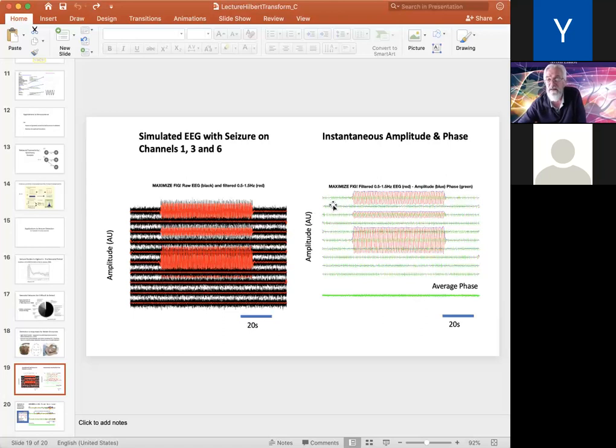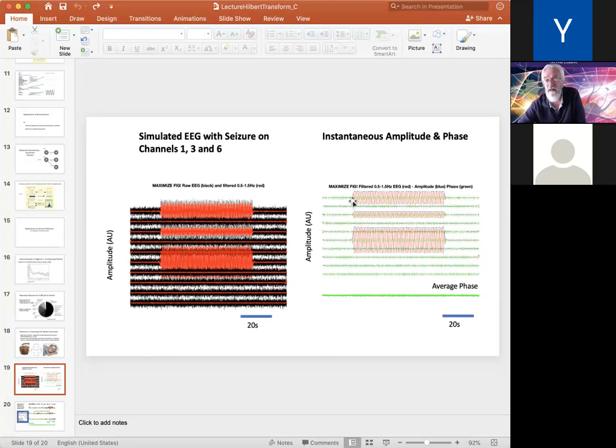You can see that I repeat the red signals here, and superimposed on the red signal, I plot in green the instantaneous phase and in blue the instantaneous amplitude. And you can see that the instantaneous amplitude is very nicely following the amplitude of the seizure. Here the seizure is smaller and the amplitude reflects that, and here the seizure is larger and the amplitude reflects that as well.